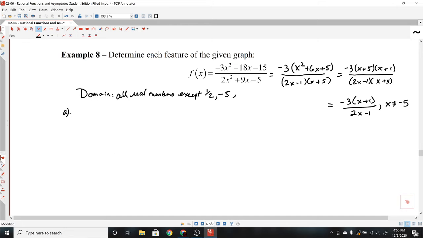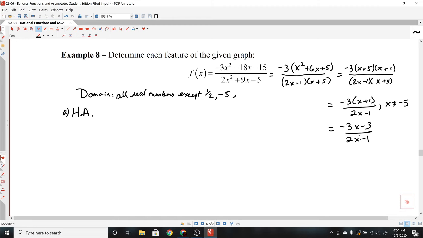So the first thing Delta Math asks you for is the horizontal asymptote. To do this, I'm going to go ahead and redistribute this -3 just so we have the expanded version of this. So now we look and we compare for horizontal asymptotes, we compare degrees.